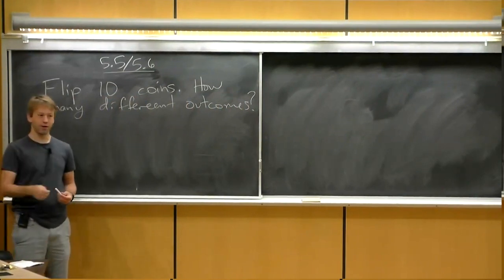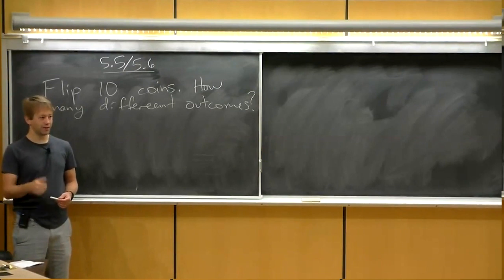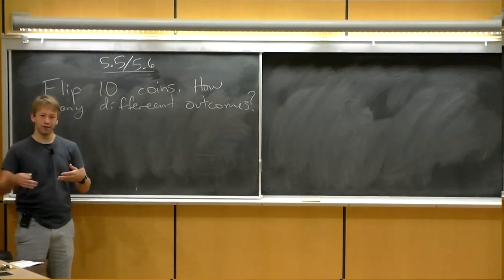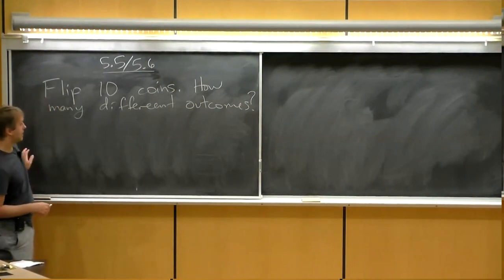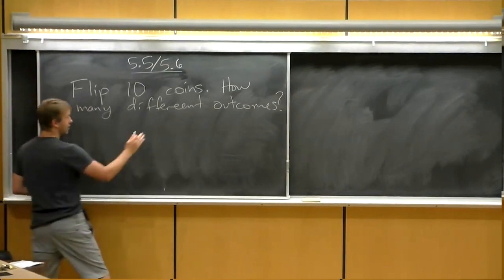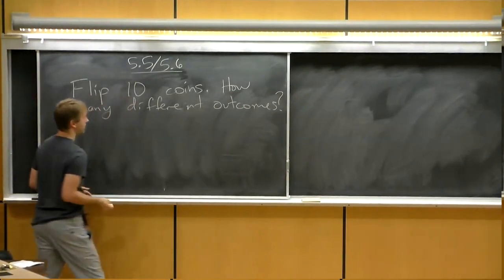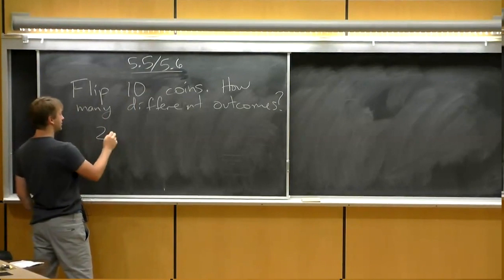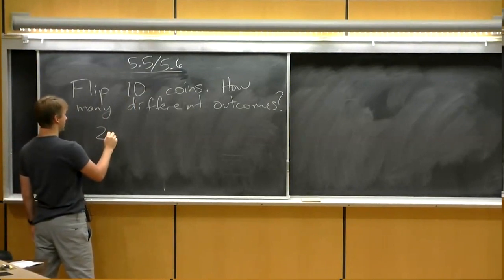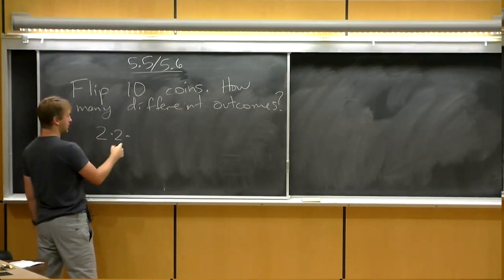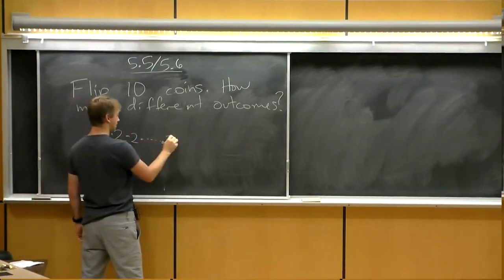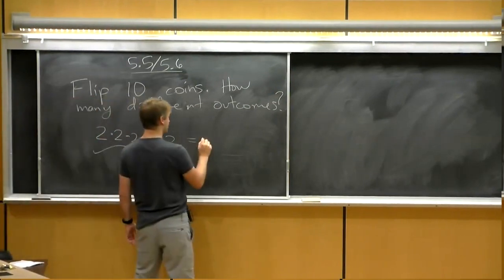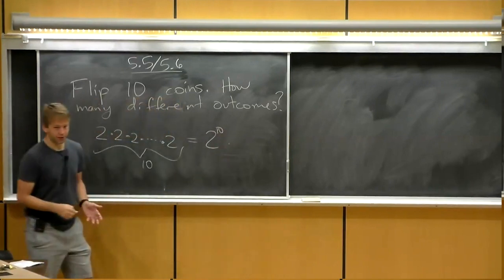So like I flip a coin, and I flip another coin, and I care about not just how many heads there are, but what order the different outcomes are. Okay, so there's 2 outcomes for each toss, or for each flip. So for the first flip, there's 2 outcomes, etc. You have 10 flips, so you've got 2 to the 10 outcomes.